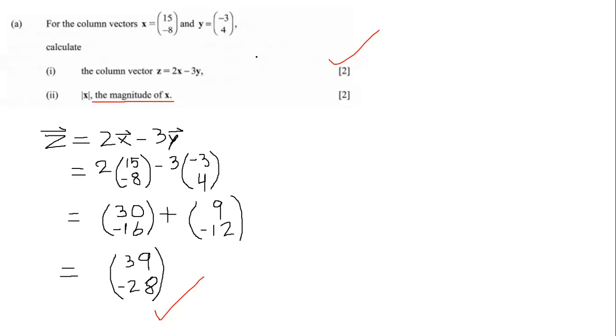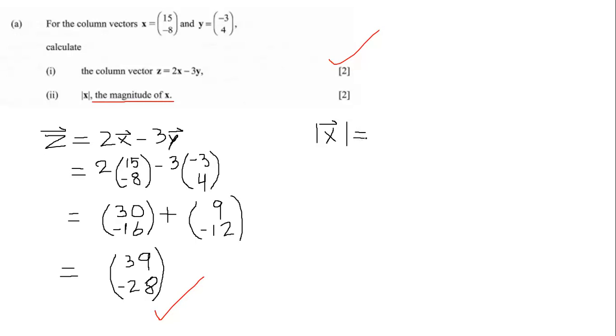In order to find the magnitude of x, and that's how we denote it, we put the vector x, with an arrow, inside these two vertical bars. They look like the absolute value sign, and this symbol says, find the magnitude of x.